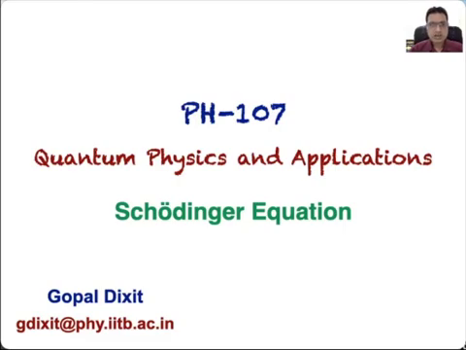But before I talk about what the Schrodinger equation is and why we need it, let's agree at this point that a wave packet is an adequate representation of wave particle duality.